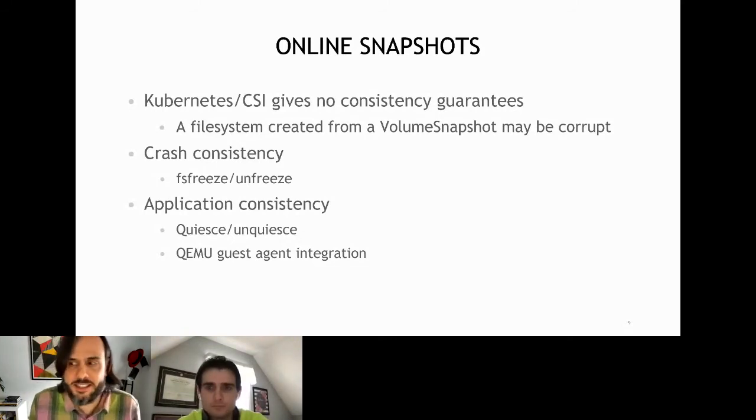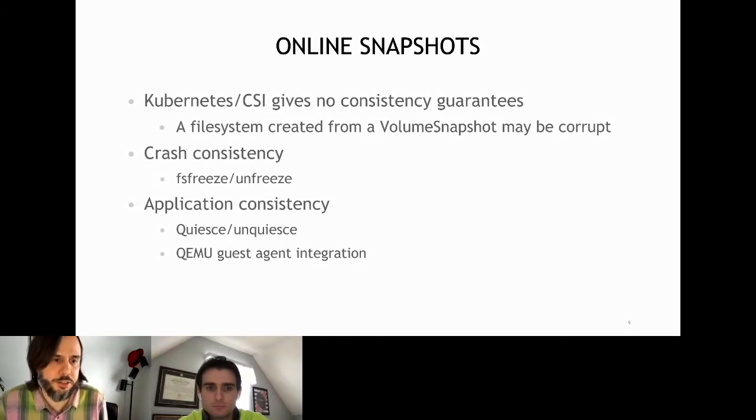So for crash consistency, we really need to do an FS freeze at the file system level to make sure that the file system can be restored. What FS freeze basically will do is flush any outstanding activity on a file system and block any future writes. I think things will just block until the snapshot is created, and then of course you unfreeze, which will continue anything that was queued up.